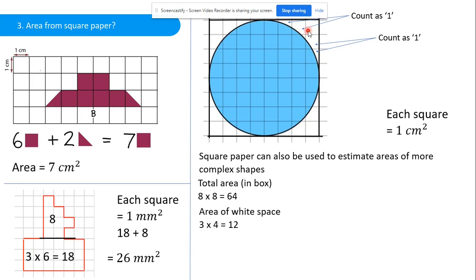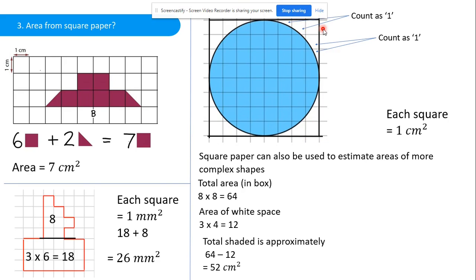And then we can subtract that away. So the total shaded area is approximately 64 minus 12, 52 centimeters squared. So we found the whole area.